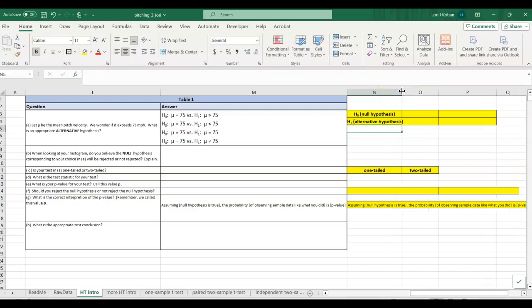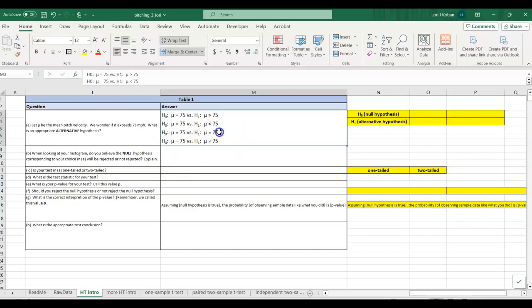Okay, and we are wondering, what does the data support? Does it support one hypothesis or the other? The null hypothesis is always an equal. So do we think that the mean actually equals something? In this case, it says 75.